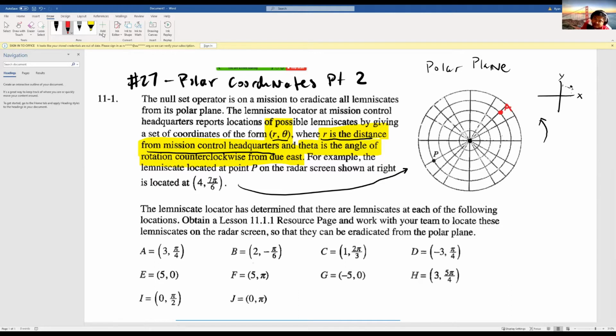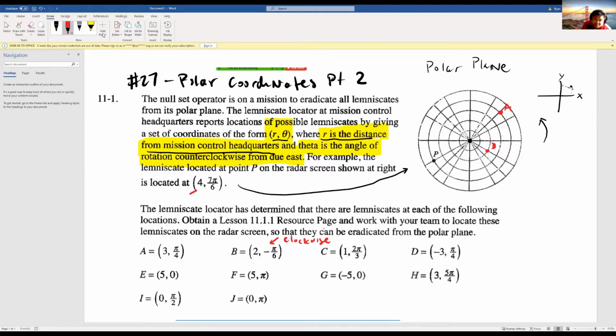A is rotating pi/4 and walking forward 3 units. B. Remember, negative degrees or negative radians are clockwise. So now we're rotating clockwise to -pi/6, but still walking forward.